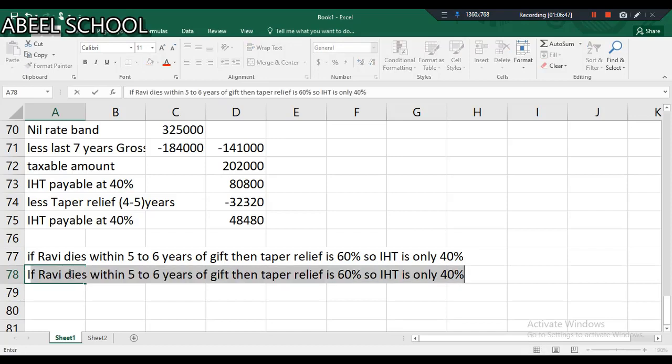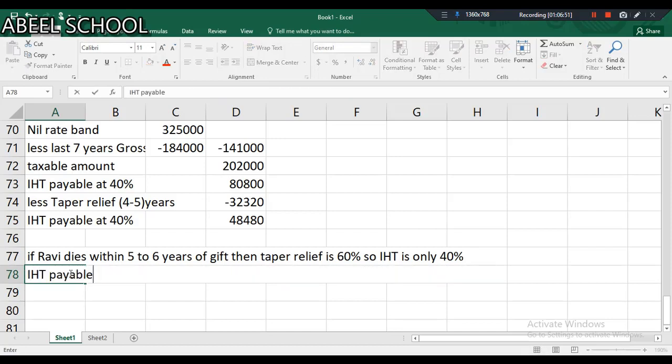Look at this, IST payable. I will take 40% of this. Okay. If Ravi dies within 6 to 7 years, then obviously taper relief is 80%, so IST payable is only 20%.